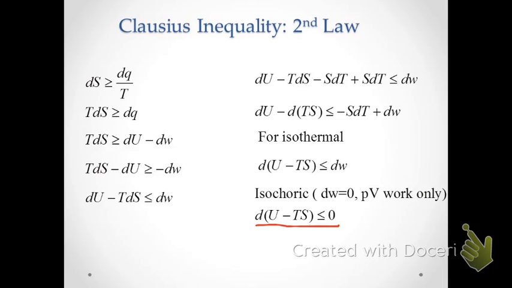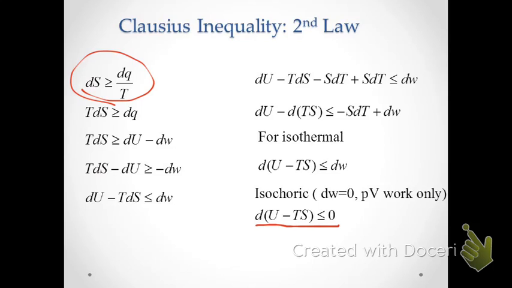Now again, remember, we started with the Clausius inequality here, and that means that embedded in this inequality is the second law of thermodynamics. This is a condition for the second law for an isothermal process that's also isochoric, where only PV work is done. Any process that occurs that's isothermal and isochoric is going to have this particular condition.